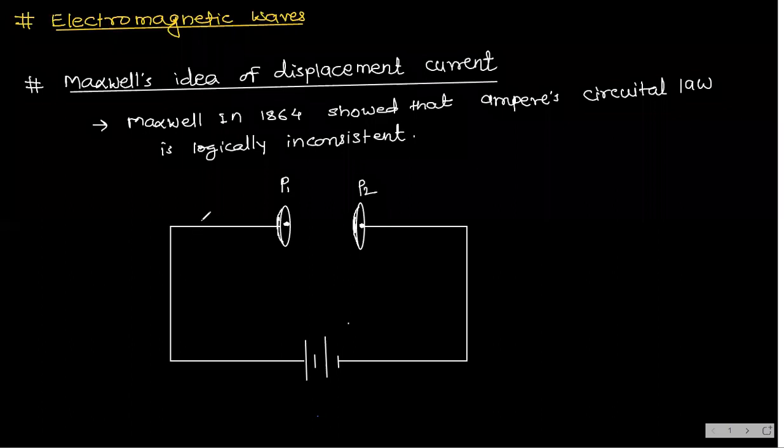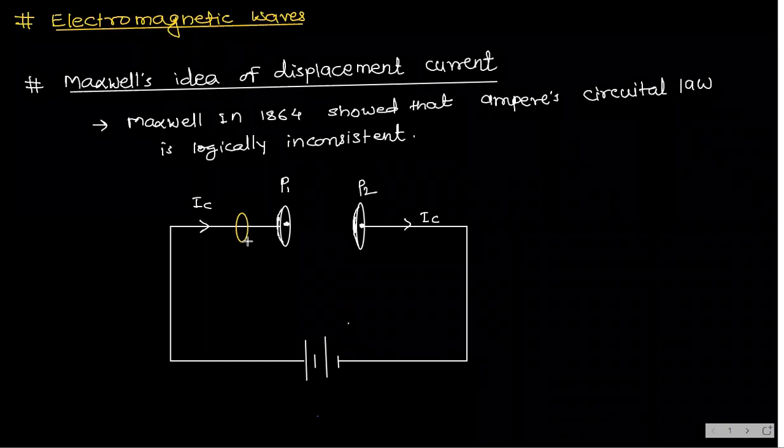Now whatever the current is flowing, that is IC. Even here also IC. Now what I am doing, I am considering one loop here, you can see, and one loop here. Okay, circular loop I am considering.